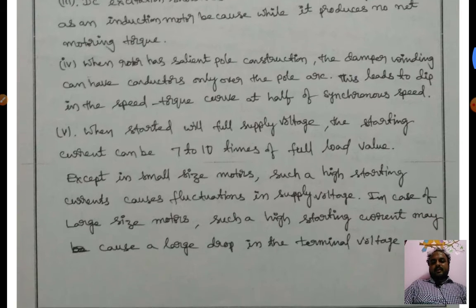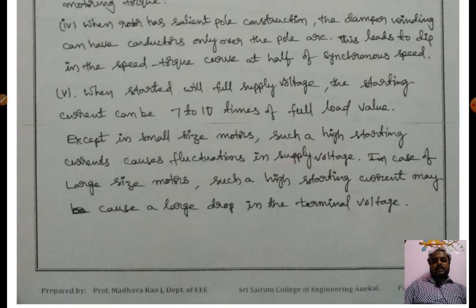When started with full supply voltage, the starting current may be 7 to 10 times the full load value. So we need to reduce the starting current, so that we can protect the synchronous motor.